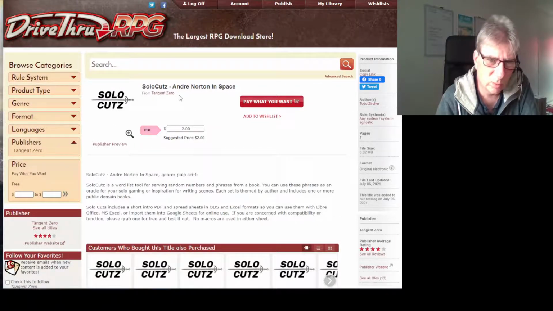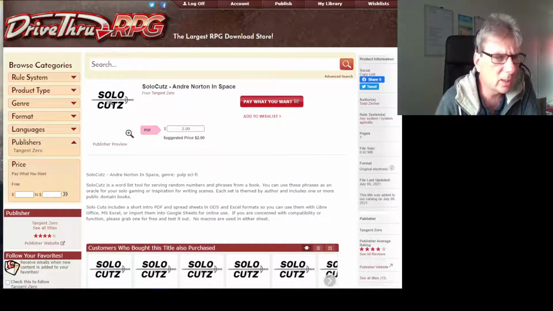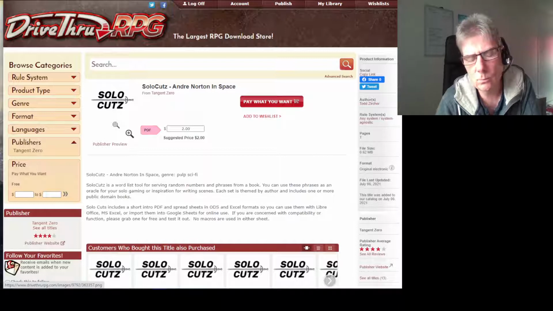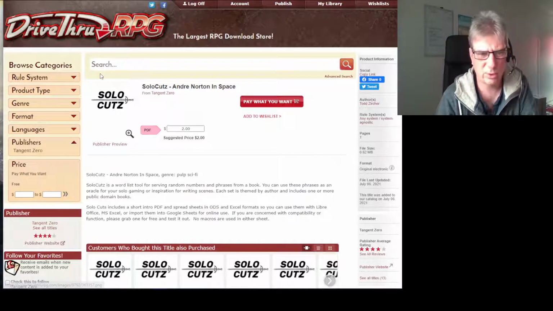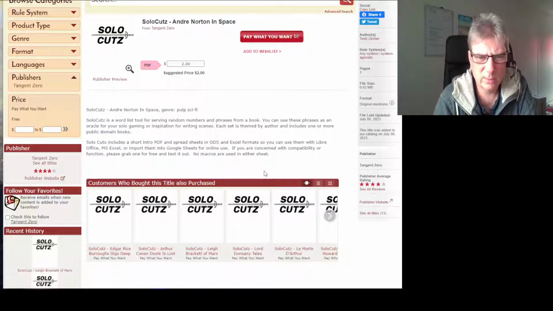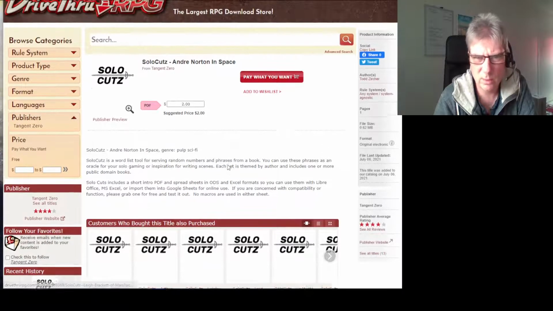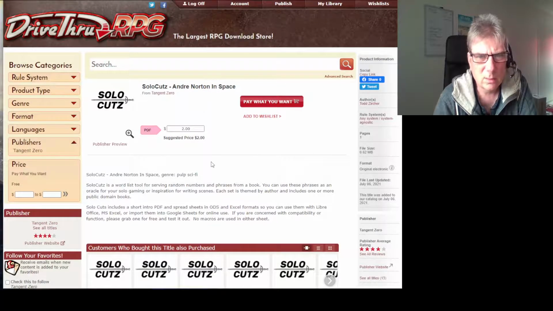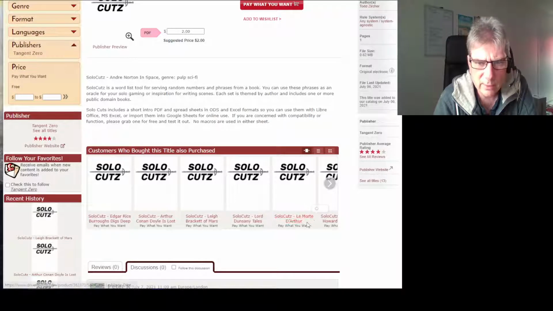And I also would have suggested putting up the covers for the solo cuts. If you're only looking at the cover on the home page, the writing can be quite small. Each one doesn't tell you much about what's going on here, what they are, how they work. Obviously I know that's King Arthur.